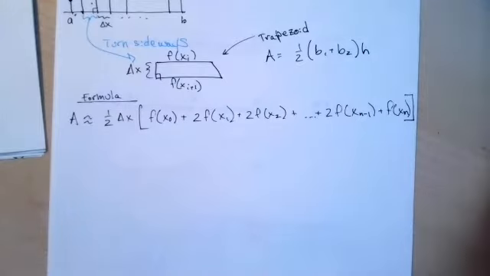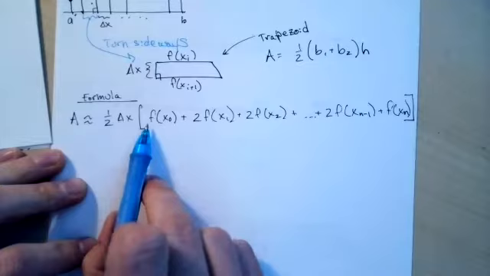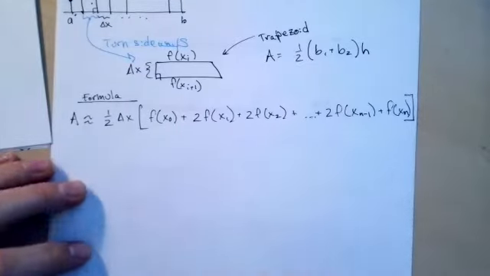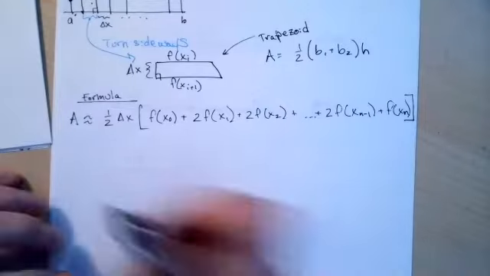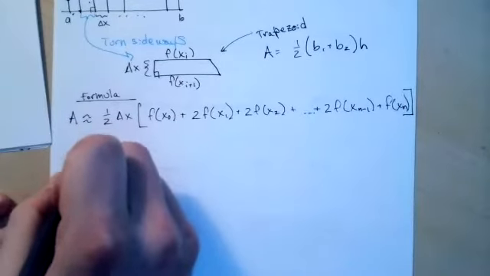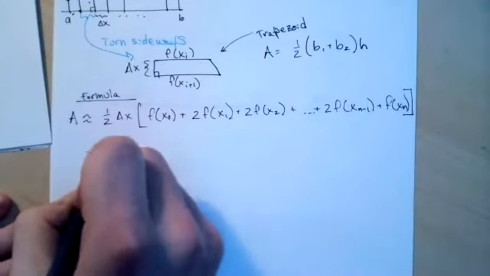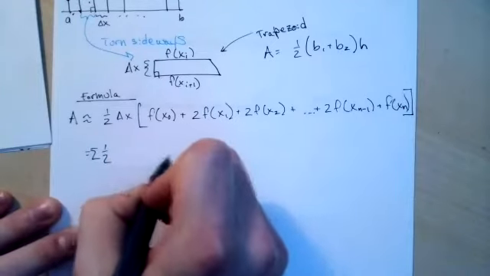That's our formula. What is it saying? We just want to add up. Let's take a look actually at our left and right hand rule. Let me write out the summation notation first. So our summation notation is 1/2.